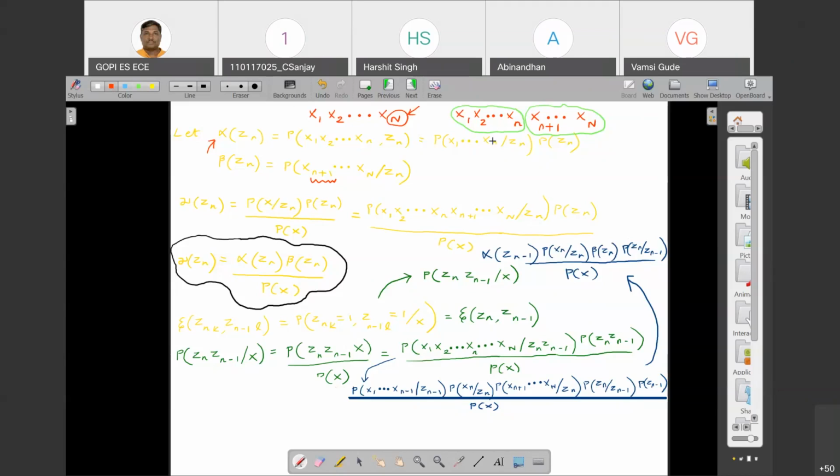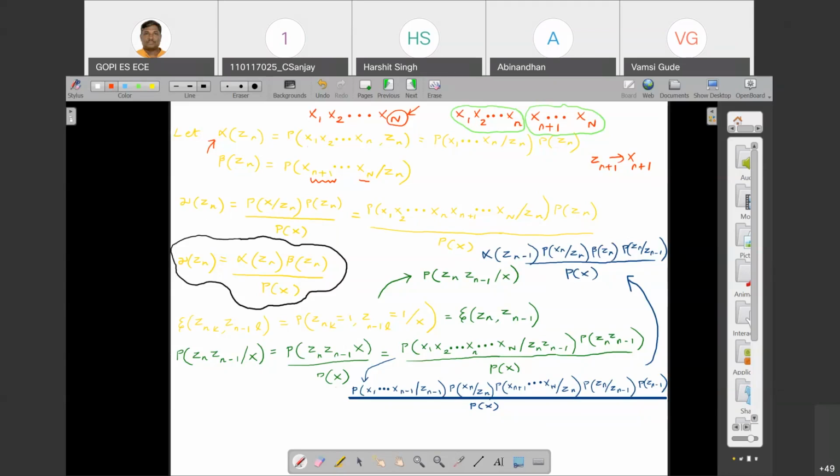So we can write this in split form. So I get this beta of Zn as the probability of xn plus 1. The same thing here, it starts with x1 up to xn.